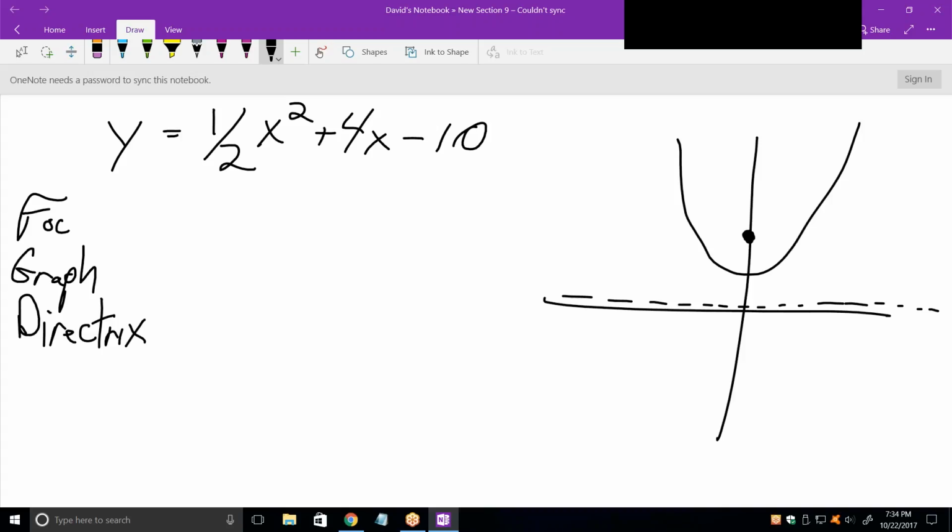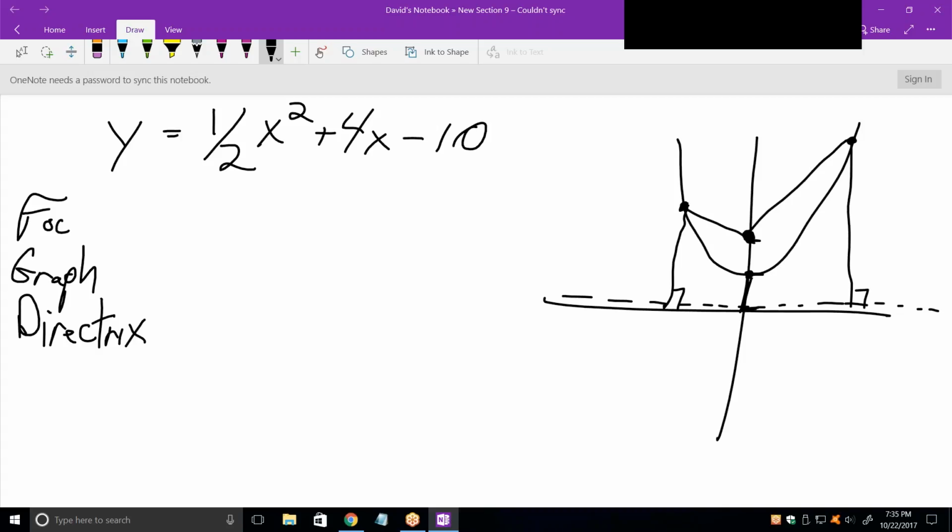The definition of a parabola is that every point on the parabola is the same distance from the focus as it is to the perpendicular distance to the directrix. No matter where the point is, right there, that distance is the same as that distance. If I'm way up here, that distance is the same as that distance.